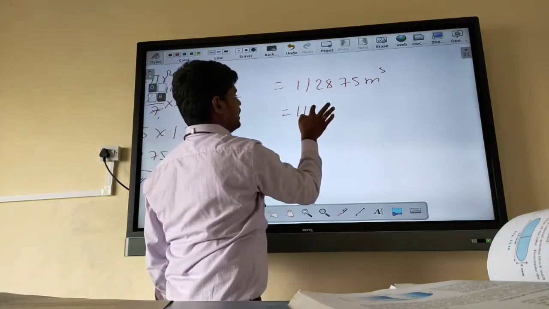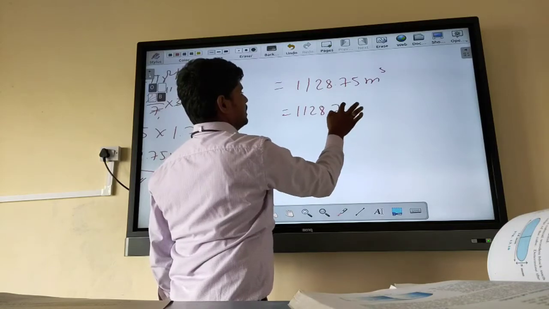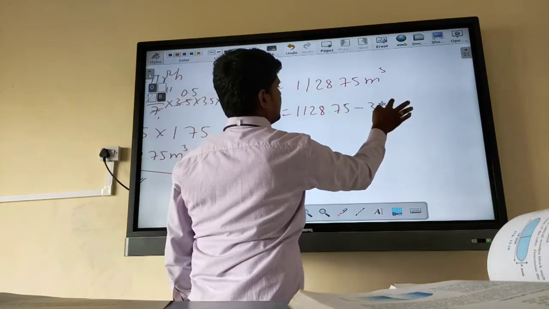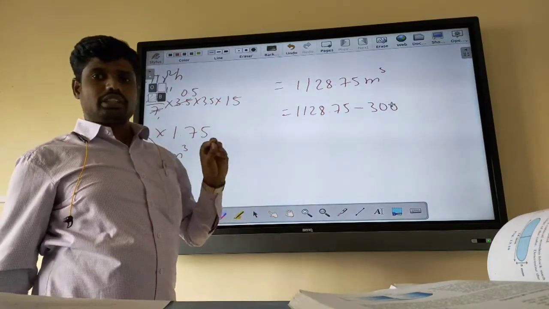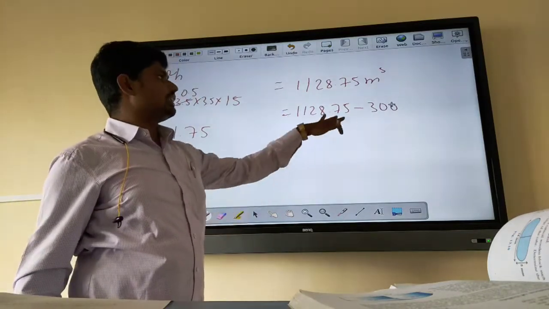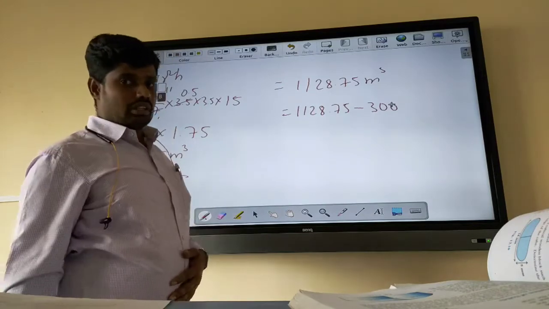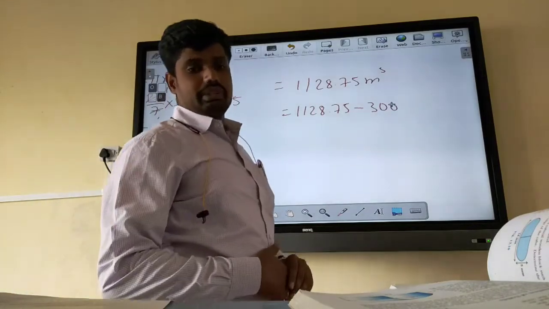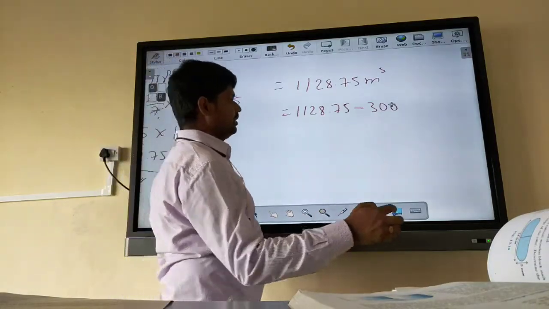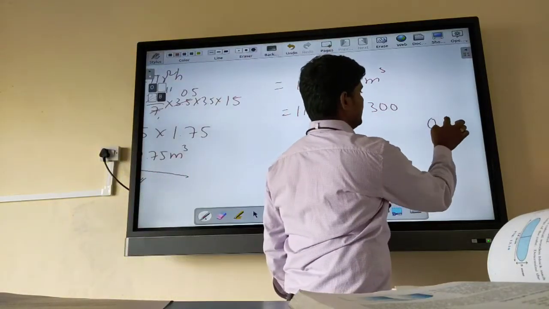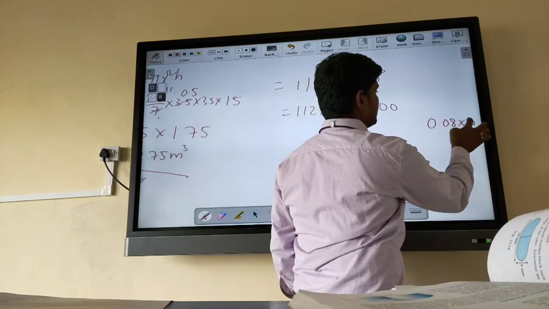The volume of the machinery part should be subtracted, 300 from 1128.75. Why? Because the volume of the machinery part is already given, 300 meter cube, and 20 members, each member 0.08 meter cube. 0.08 into 20.